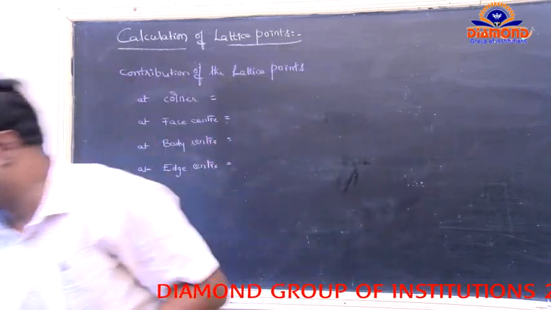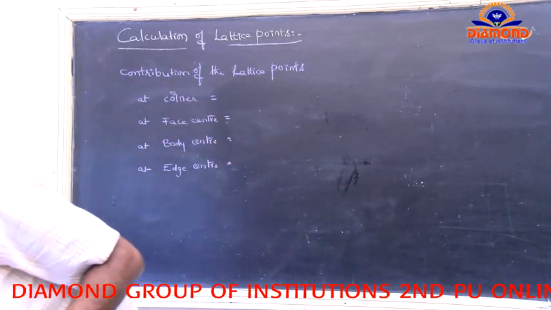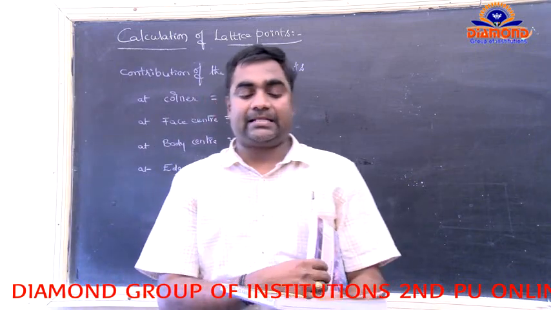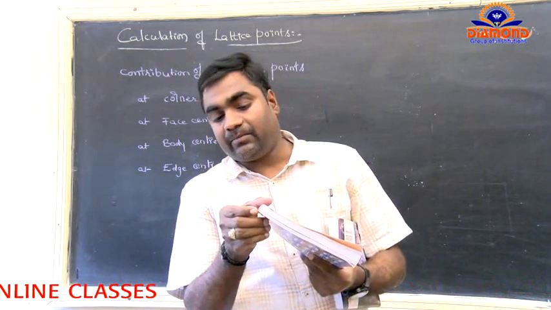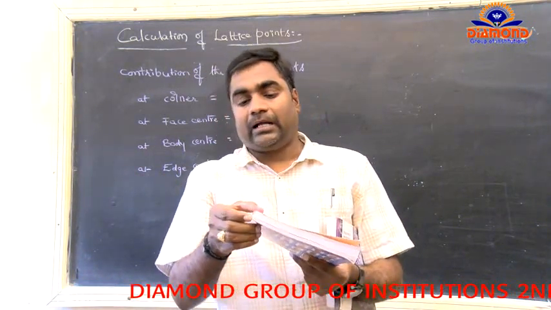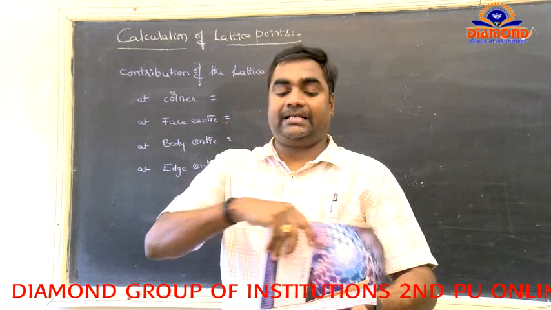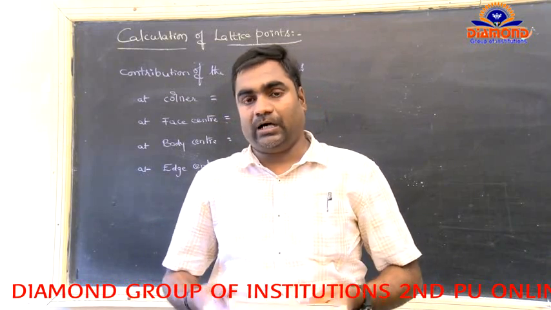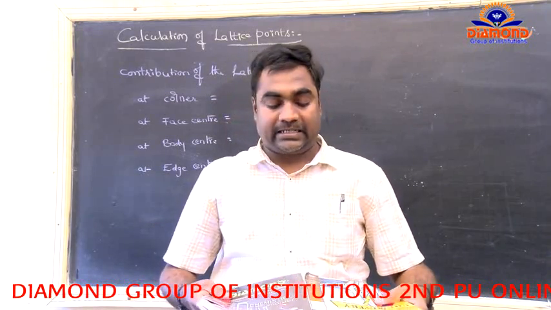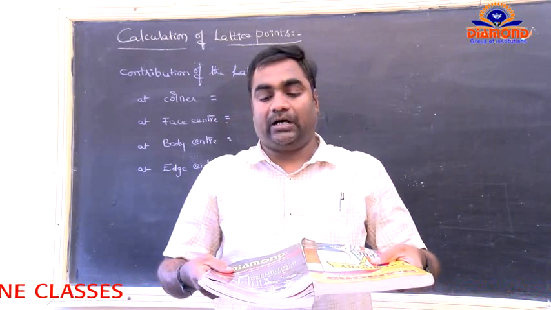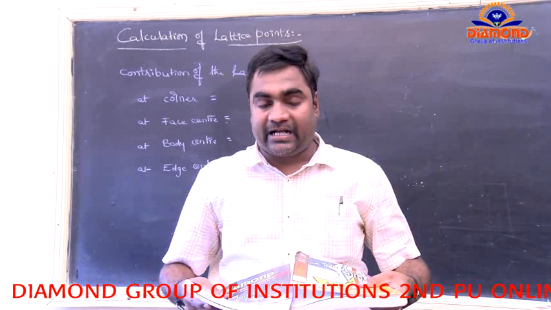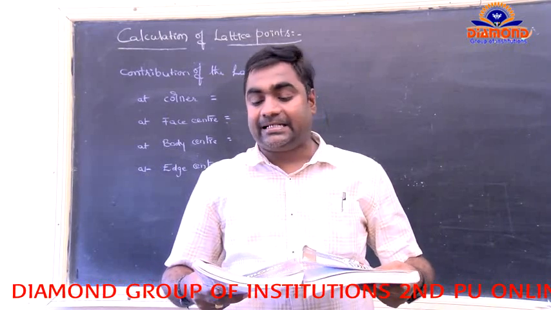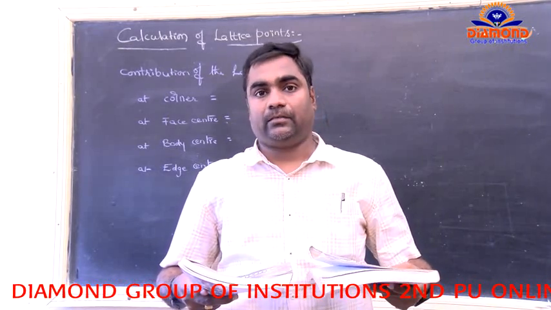Now suppose here is the lattice point. The books are arranged like this. Here is the first book, and now the second book is placed, but it does not touch this point.